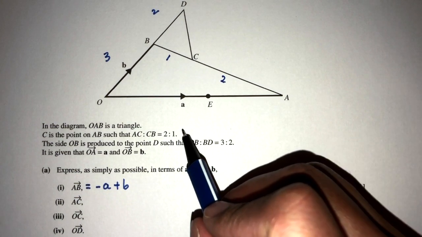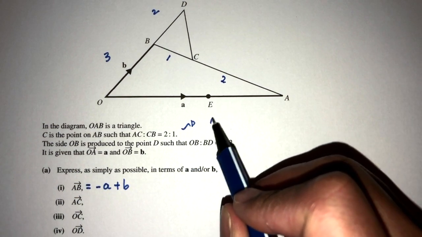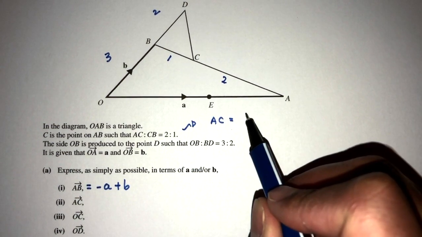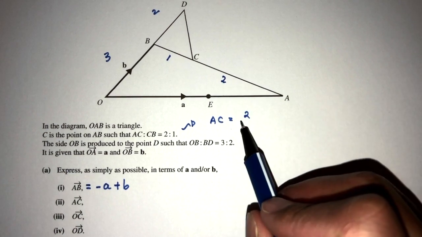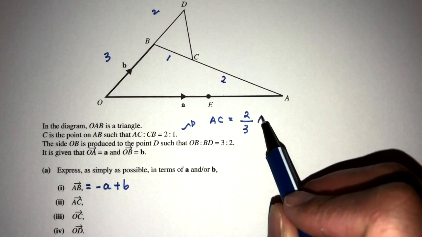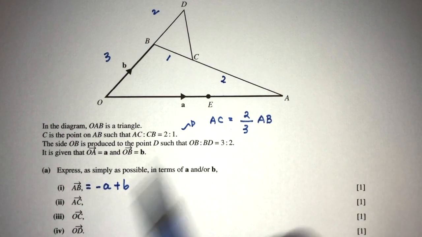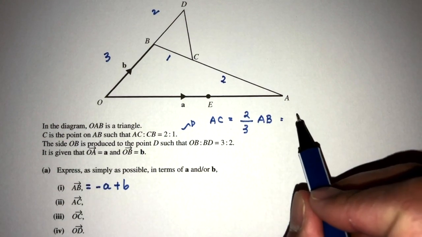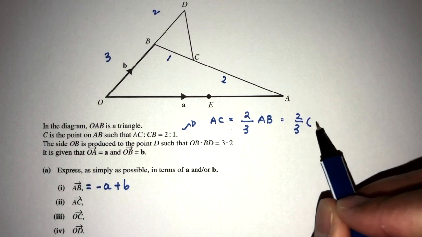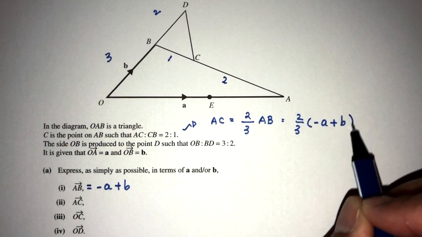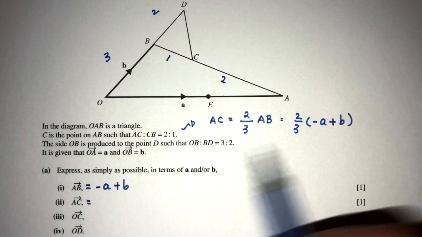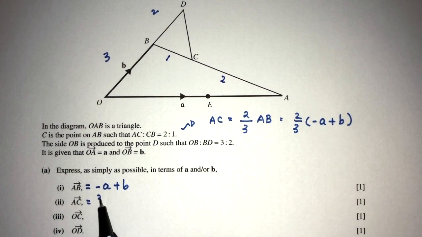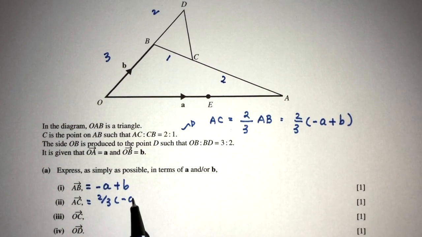We can conclude from that ratio that AC is 2 over 3 of AB, if that makes sense, right? Because AB is together 3. Now simplify. AB we know is minus A plus B, so this will be your answer. Of course, you can expand and simplify, up to you to find the answer.